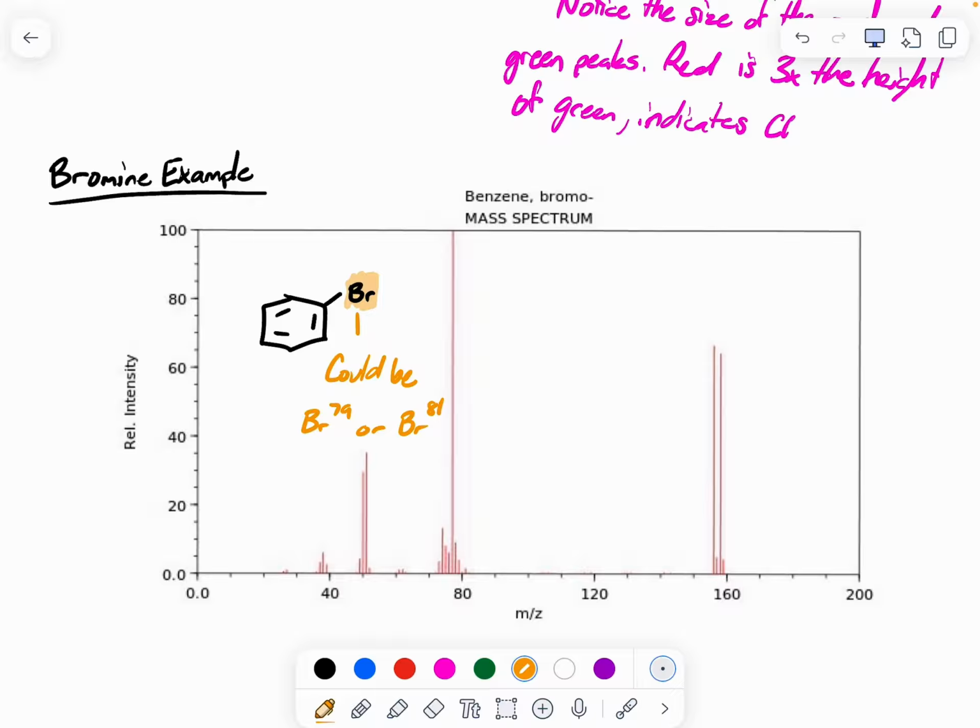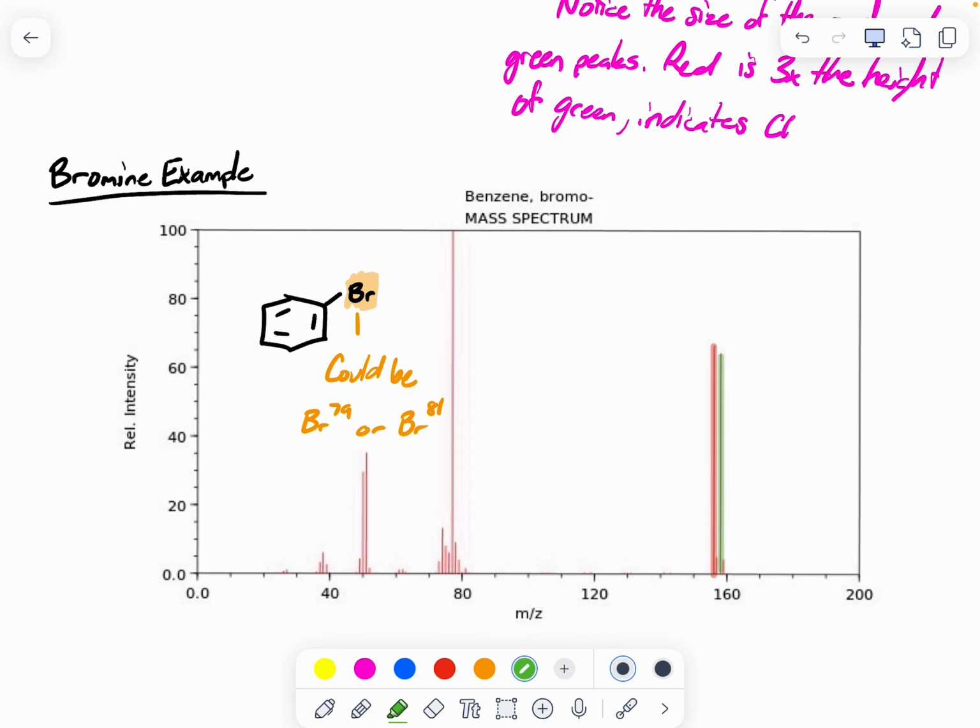But with bromine, the peaks should be pretty much the exact same height, because remember, it's approximately a 1-to-1 ratio, so they may not be perfect. And you can see on this spectrum, we have this peak right here that's 2 mass units off of this peak right here, and they're about the exact same height.